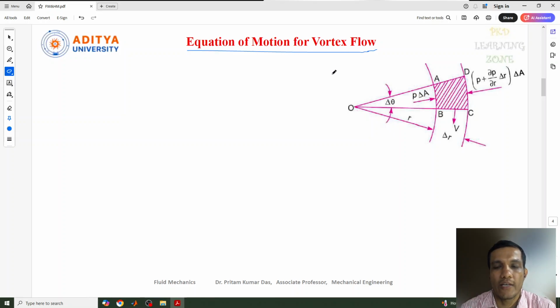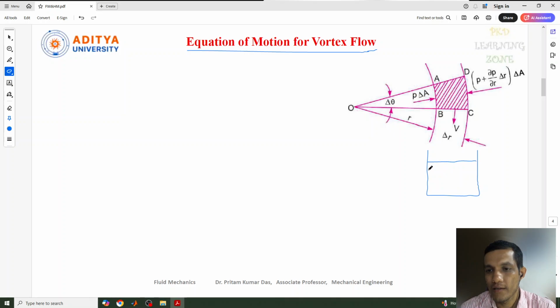To derive this equation, I have taken a fluid element which is rotating. In this picture we cannot understand which is the fluid, which is the fluid element, and how it is rotating. So for that, let me explain. Suppose there is a container, and in this container there is some water.